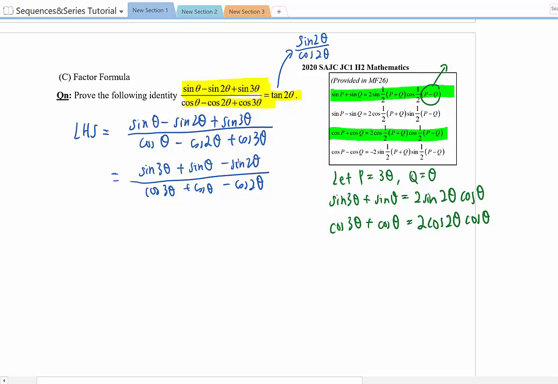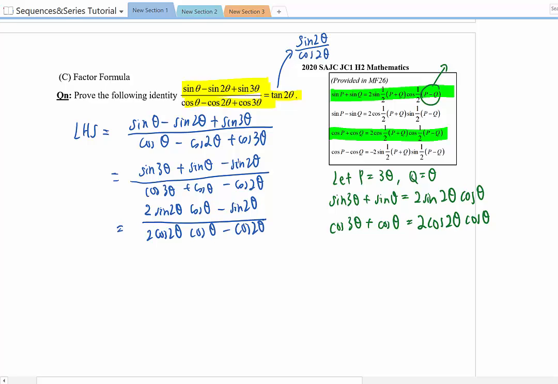So we can then put it back into our working, and this gives 2 sine 2 theta cos theta minus sine 2 theta, over 2 cos 2 theta cos theta minus cos 2 theta.